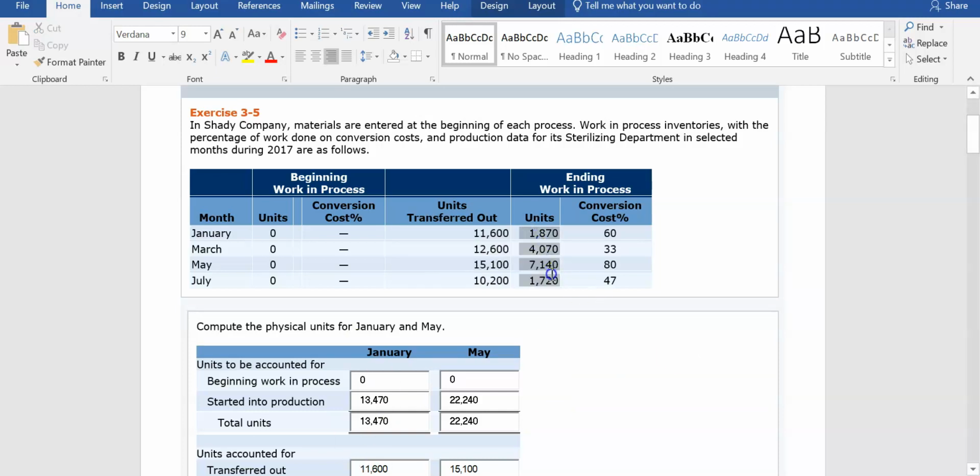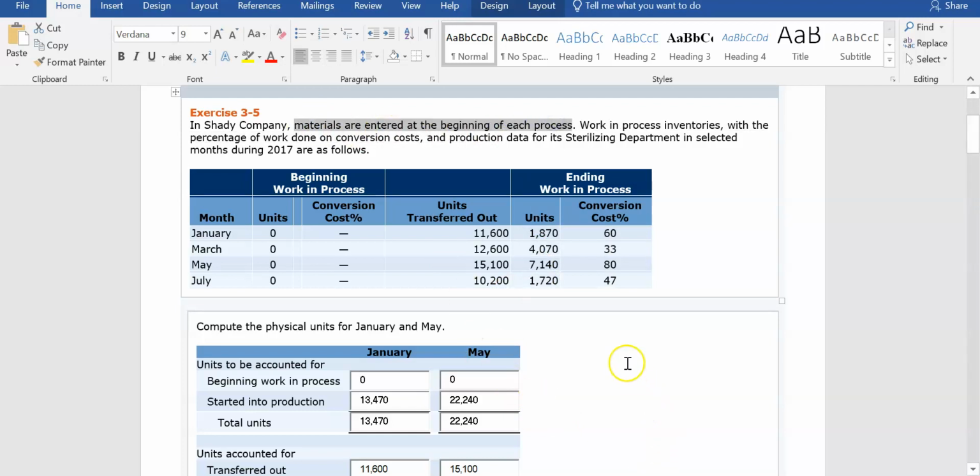These were the number of units that were still in process at the end of these months. And this is the percentage of completion with respect to conversion costs, the direct labor and overhead. There is no percentage completion for materials because all of these units that had been started had all of their materials entered at the beginning.